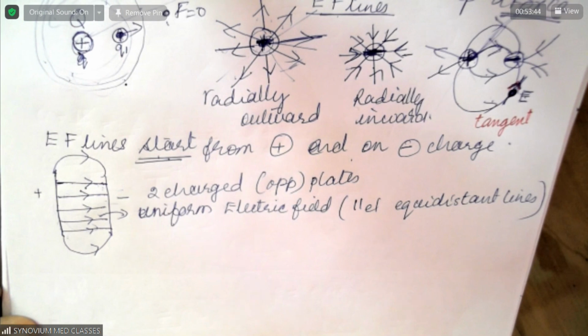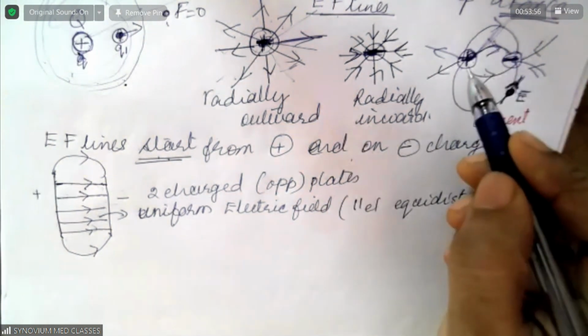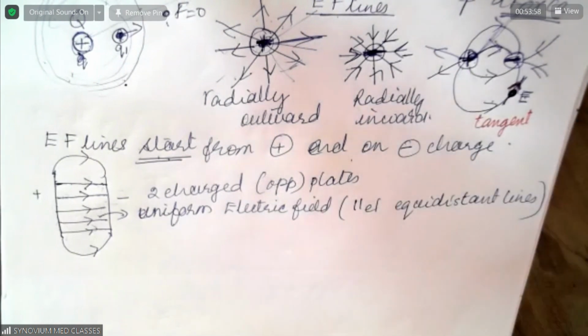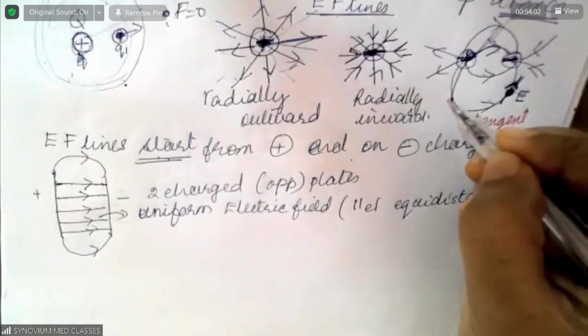The properties: they do not intersect. Why? Because if they do intersect, assume that they intersected here. I am drawing one line like this and another like this, so here they intersected.